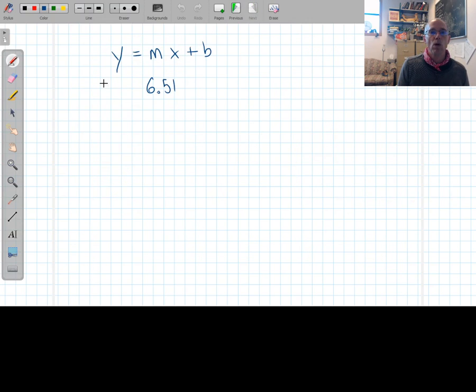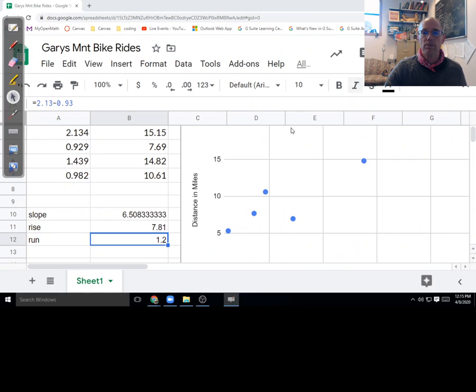So y is 7.69 when the x value is 0.93. And now I can solve for b by multiplying these together and then subtracting them over. So what is that multiplication? Calculator, please.